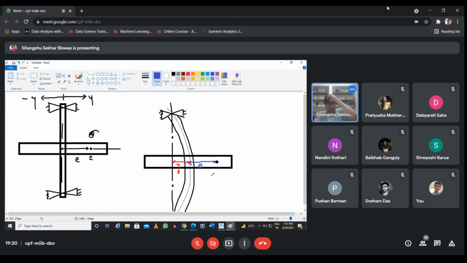Now the entire thing will rotate like this. So the centrifugal force which will be developed will be like this, say Fc.